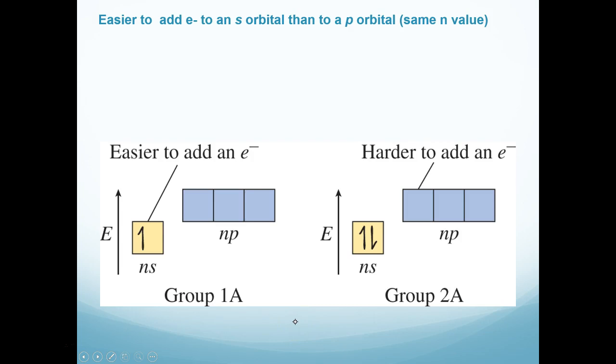So something we can look at is orbital diagrams again, and it's going to be a lot easier to add an electron to an s orbital than a p orbital. And if we think about it, if we're putting that electron in an s orbital, it's going to be held more closely to the nucleus, which is more favorable, than adding it into a p orbital, which is a little further away from the nucleus.